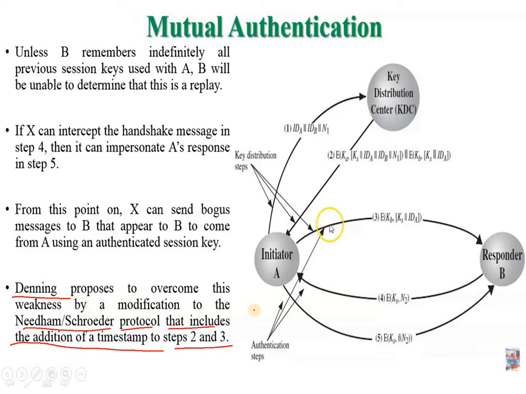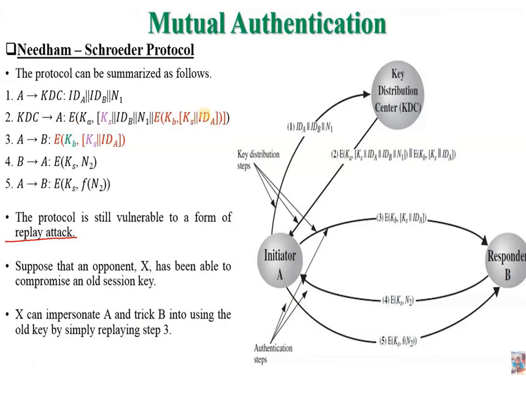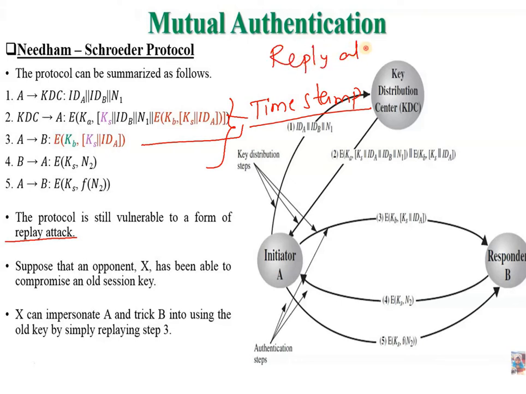What he has modified is, in step 2 and step 3, in these two steps, he will add the timestamps so that this replay attack is not possible. So that replay attack can be reduced.